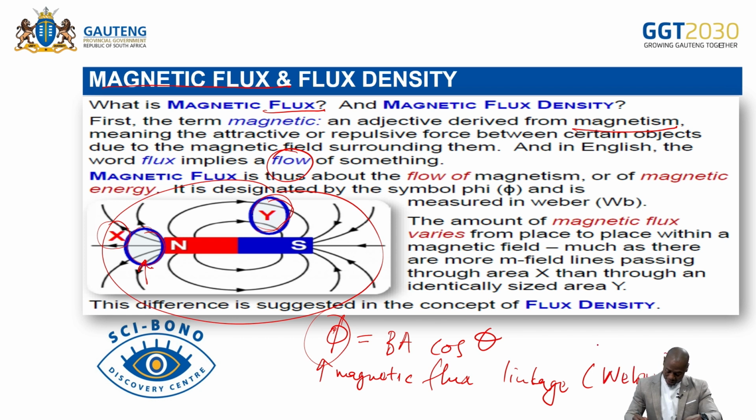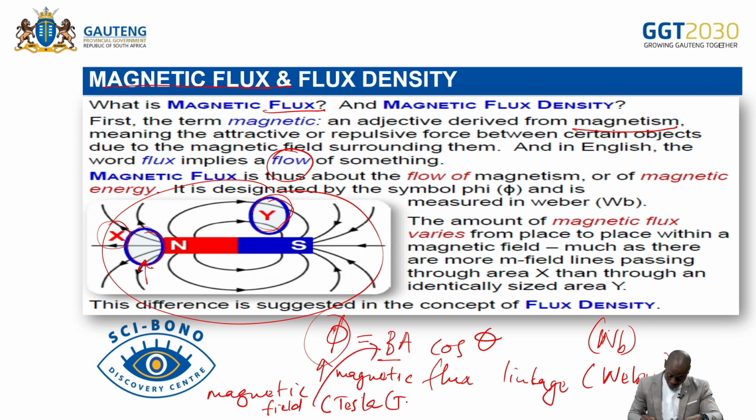The symbol for Weber is Wb, right? And then we have B, which is the magnetic field, which is measured in Tesla. And then the symbol is capital letter T, right?